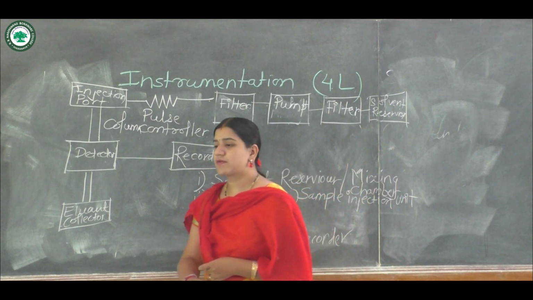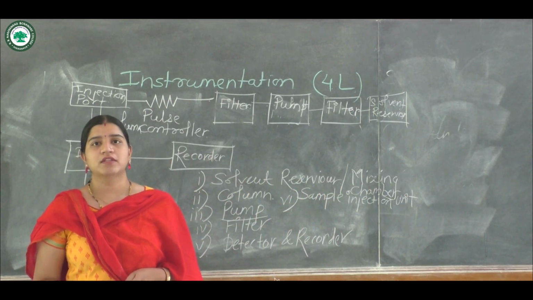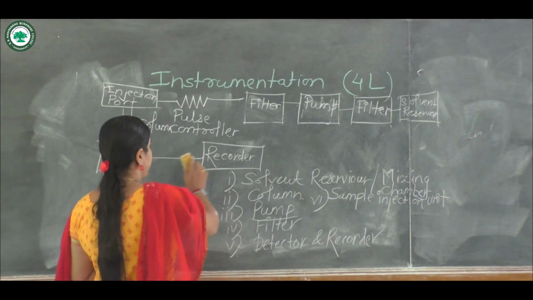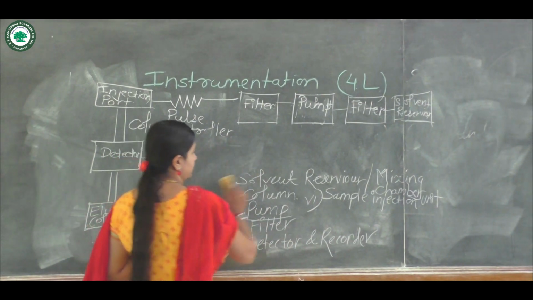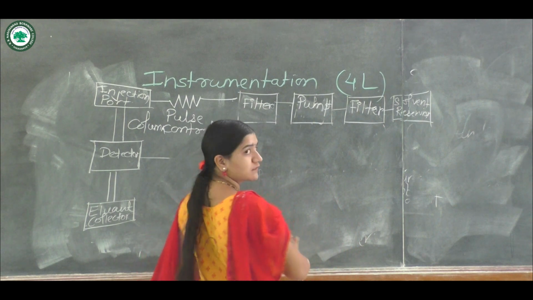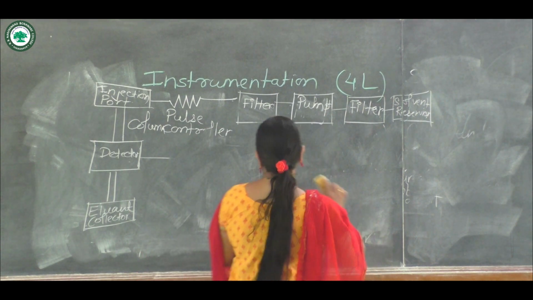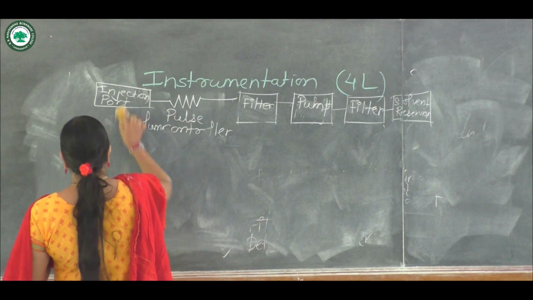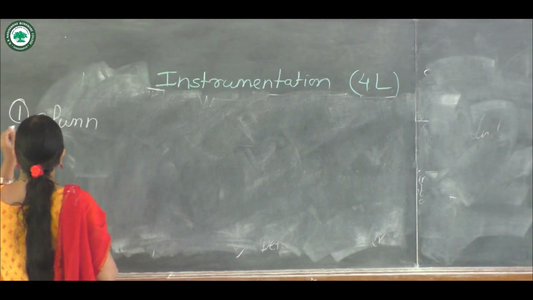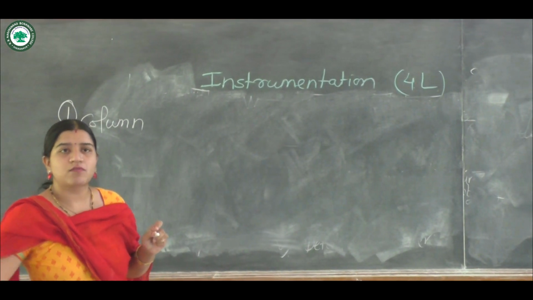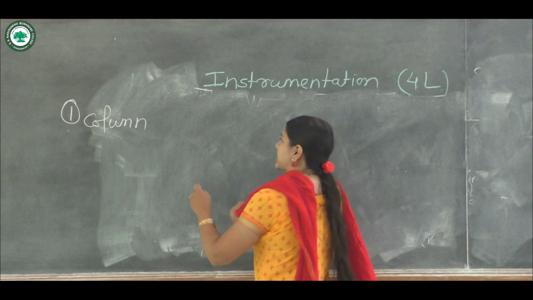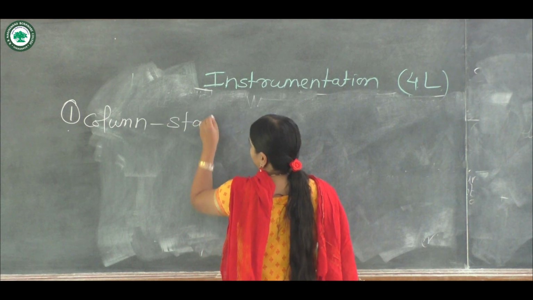Now the first part that we will begin with is the column of HPLC. As far as the columns are concerned, the columns in HPLC are generally made up of stainless steel.